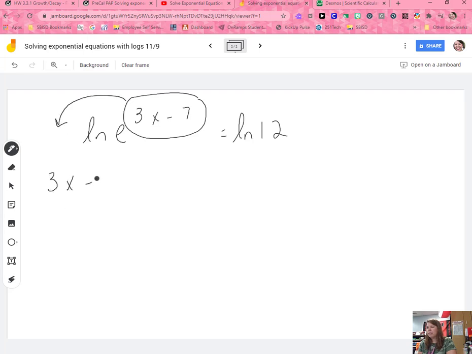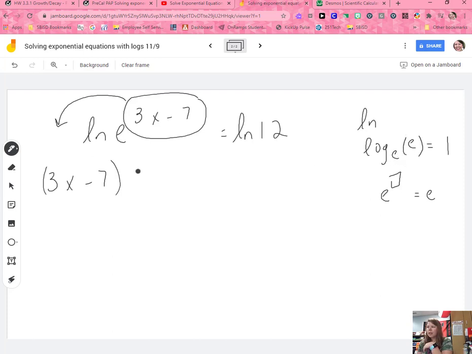So I have 3x minus 7, but I have natural log, which is really just log base e of e, and so what you're thinking here is e to what power is equal to the letter e? Well, that's 1. And so this is really equal to 1 whenever the base is the same as what's inside.